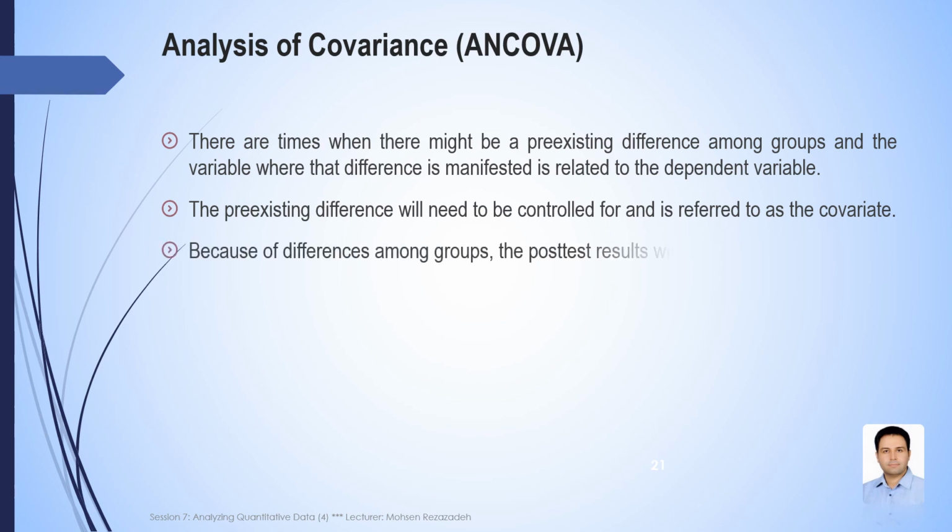Because of the differences among groups, the post-test results will need to be adjusted. So here we have pre-test, we have post-test, and we have more than one group. In this case, we can use ANCOVA, because ANCOVA helps us to alleviate any pre-existing difference in the pretest.